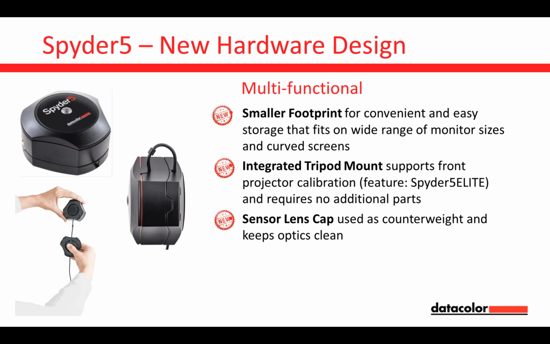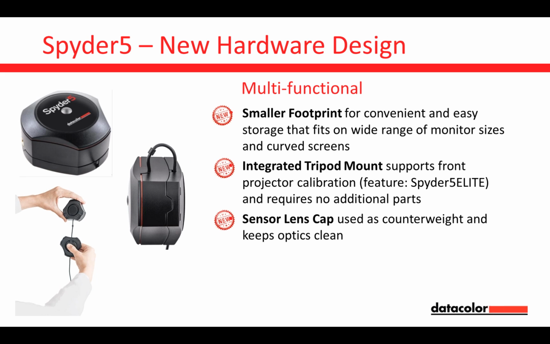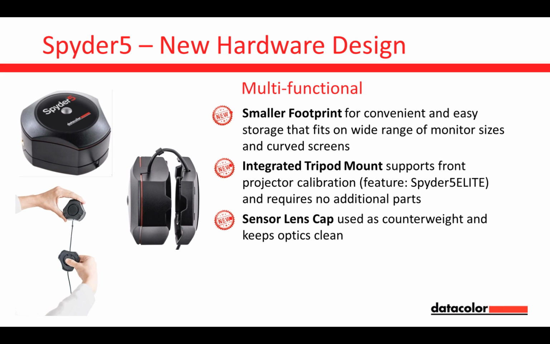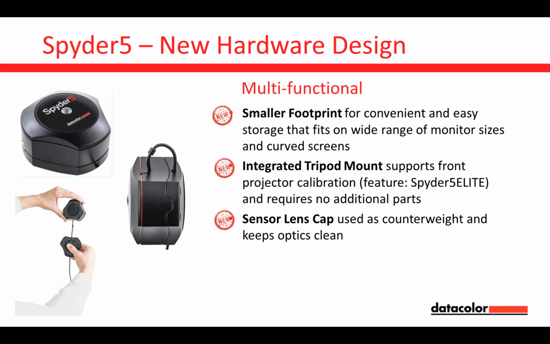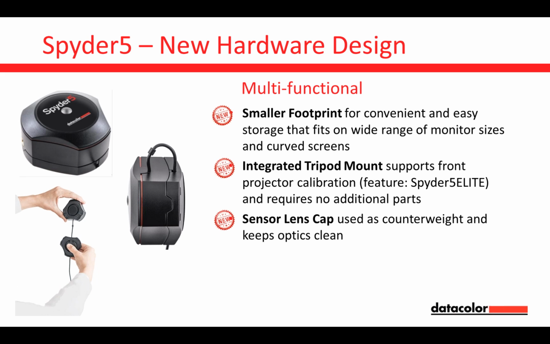It's more convenient to store, but that's not the main benefit from the smaller footprint. The main benefit is if you have a curved screen, for example, of course, a smaller footprint will make the Spyder5 easier to attach to curved monitors, and all kinds of curved monitors can be calibrated.